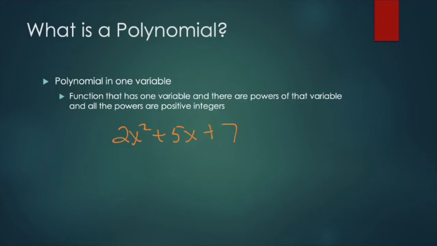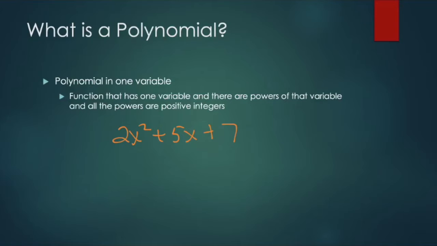And one of them has a power, and that's okay because that power is positive and it's an integer. What is an integer? We studied this long ago. What is not an integer? Halves, fractions are not integers. Decimals are not. Stuff like pi, 3.14, that's not an integer. Negative numbers are integers.